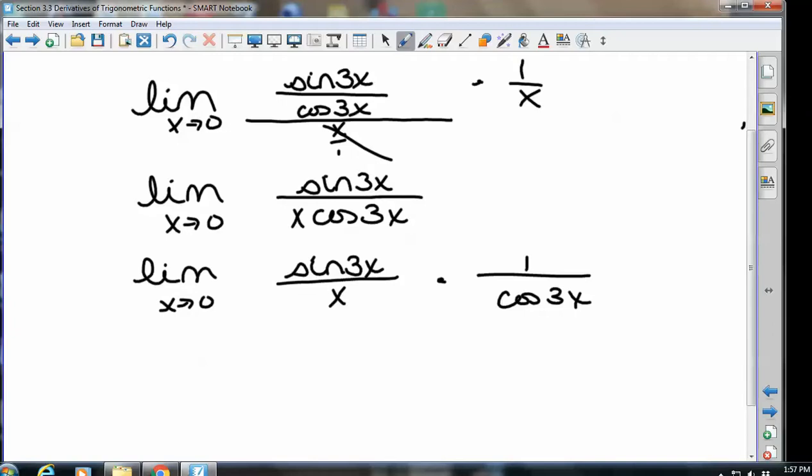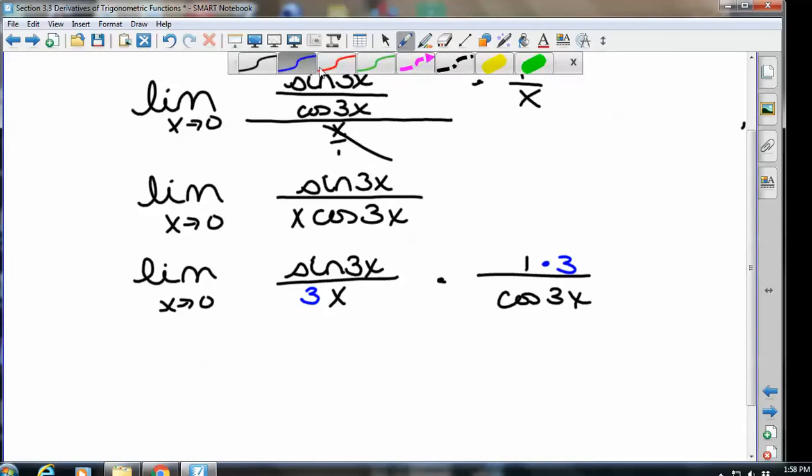To be able to evaluate this one, I need it to be sine 3x over 3x. If I am going to add a 3 on the bottom, you also need to add a 3 on the top. You could put it in either fraction. Since I don't really want it here, can I just put it over there? Yeah. Does that confuse you guys? You can put it in a fraction, yeah, because you're multiplying them.